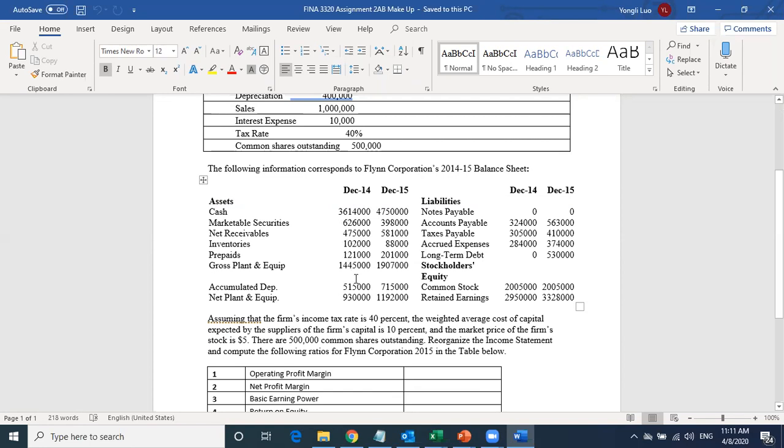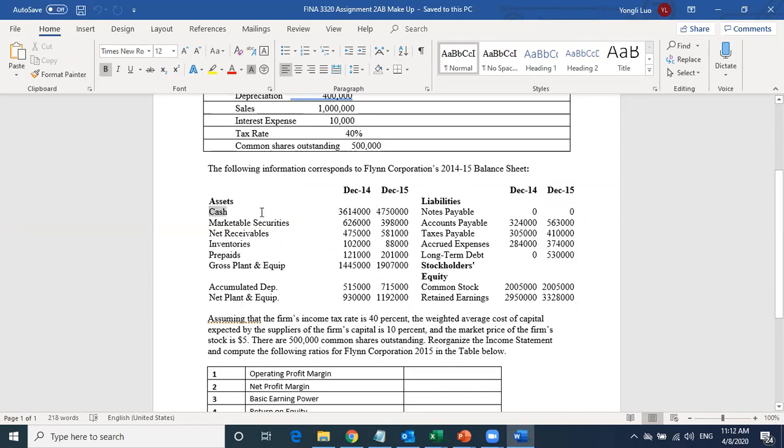This is your asset, December 2015. Your asset includes cash, marketable securities, net receivables, inventory, prepaid.